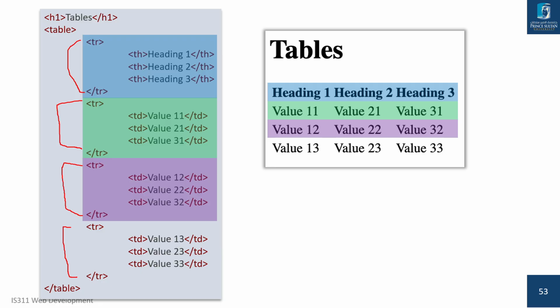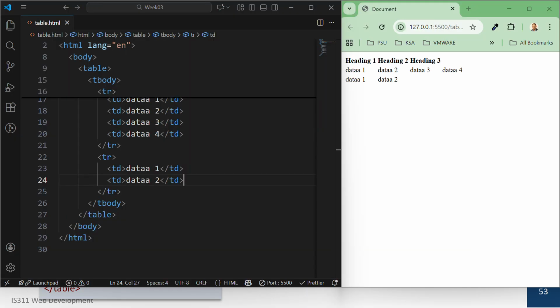Here we don't use the thead. As I told you, thead and table body, or tbody, are more for organizing the data in a more structured way, but we can do without them as well. Even if I look at the example here, I removed that thead.